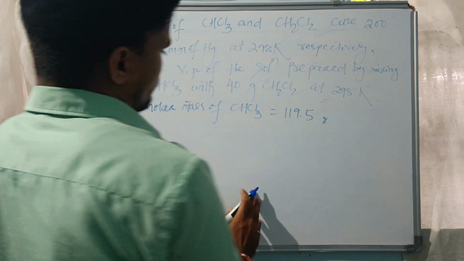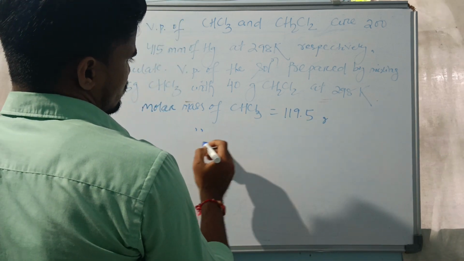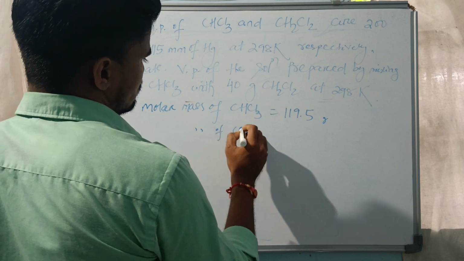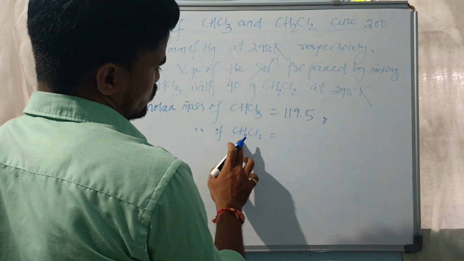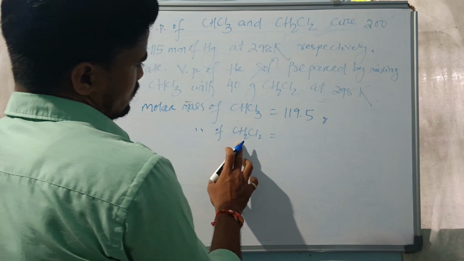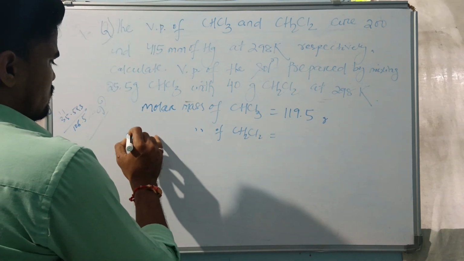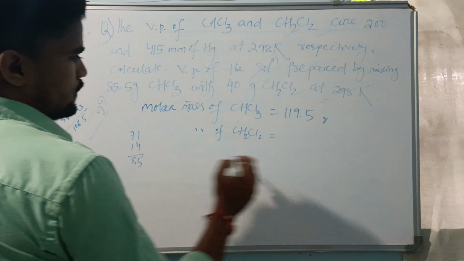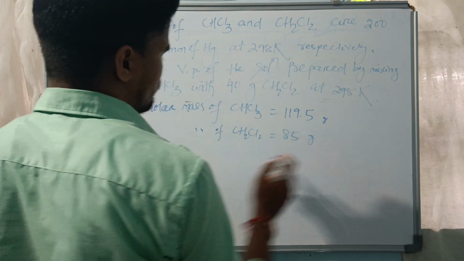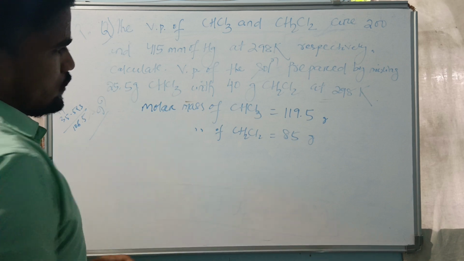And like that, molar mass of dichloromethane is coming out 12 plus 2, 14, plus 71, 85 gram. Okay, so you get the molar mass.